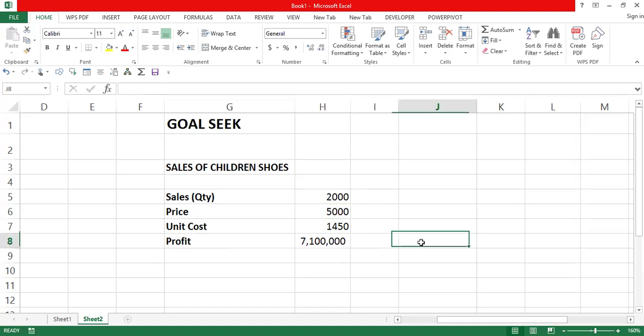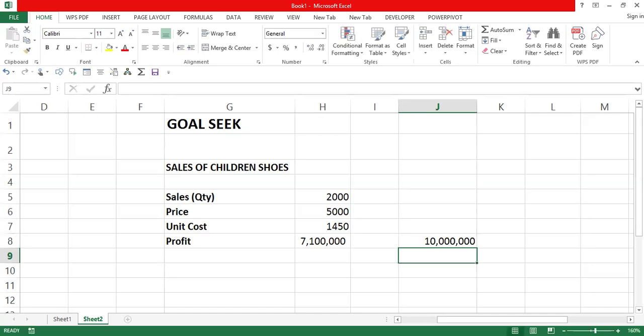For example, let's say the objective of the business is to make a profit of 10 million. Not 7 million or 7.1 million.